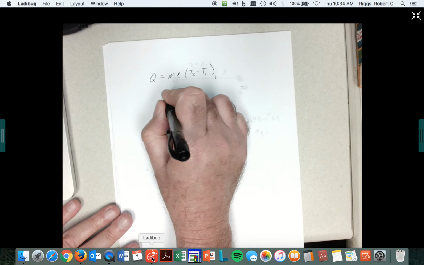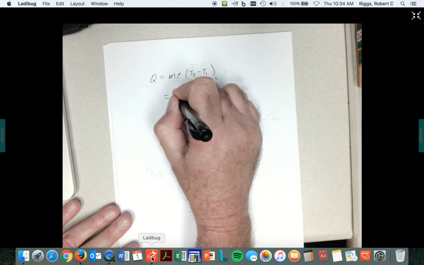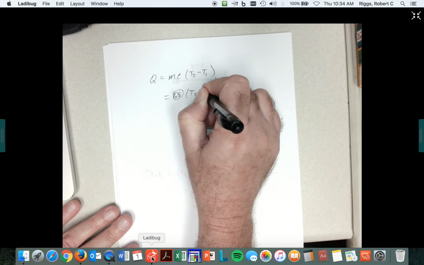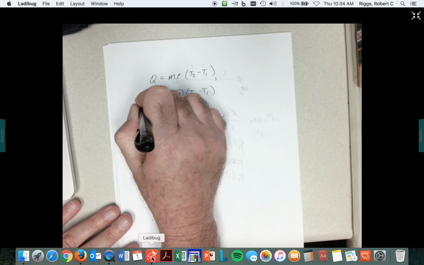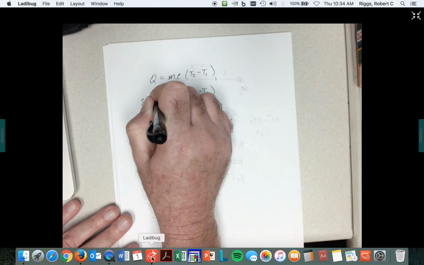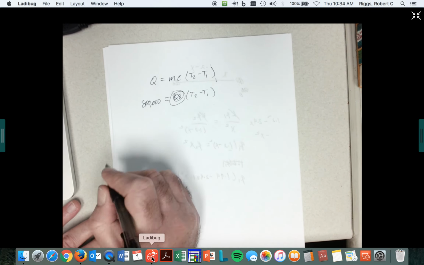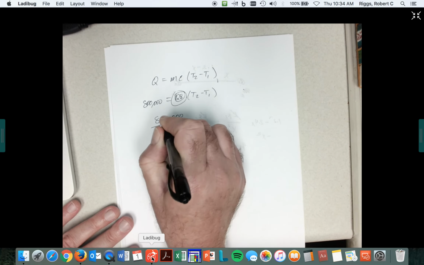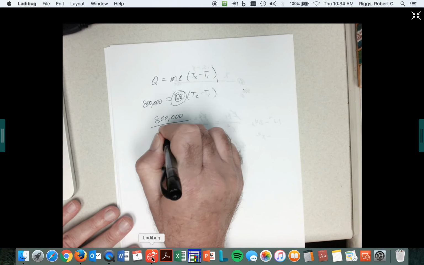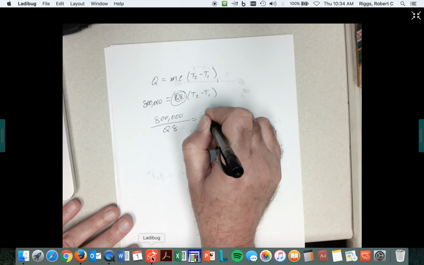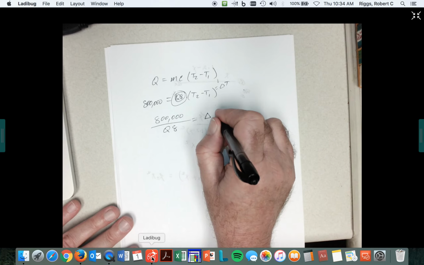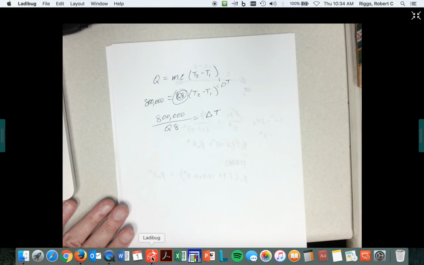You found mc in question 8. We still don't know what T2 minus T1 is, but now we've got 800,000. So take 800,000 divided by what you got in question 8, and that will give us T2 minus T1 is equal to delta T, the change in temperature.